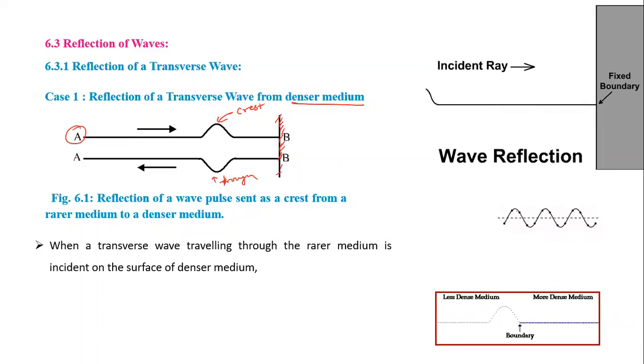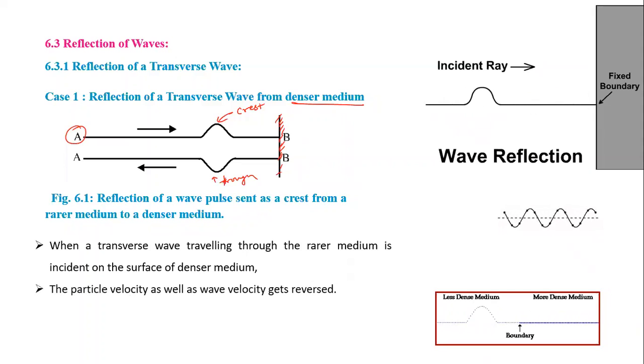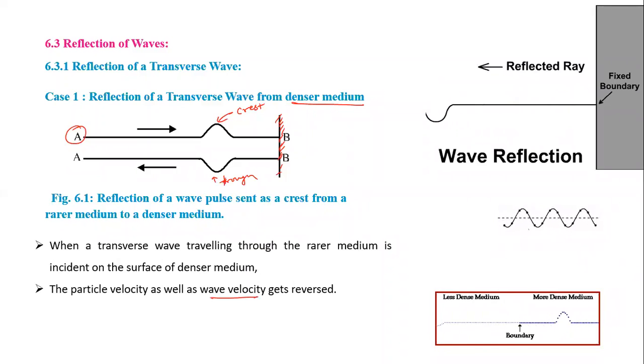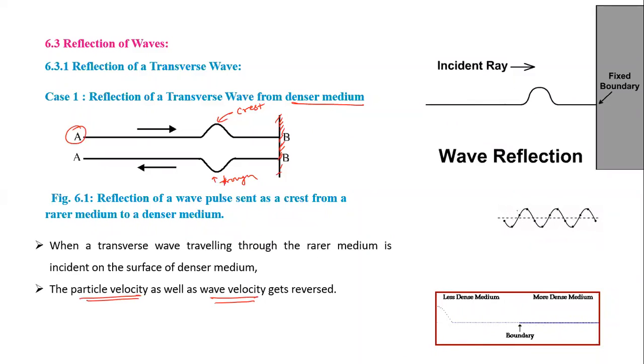Now we discuss in detail what exactly happens during the reflection. Here two velocities are there when the wave is traveling. The first is the wave velocity and the second one is the particle velocity.